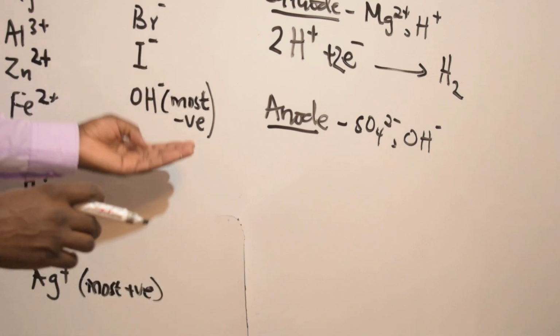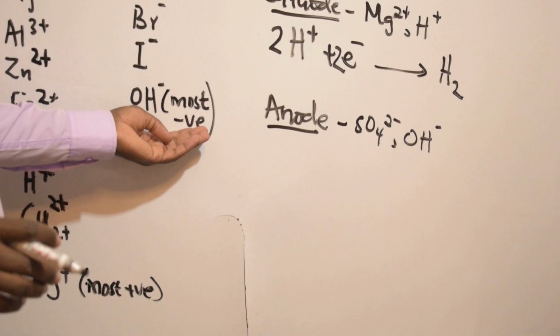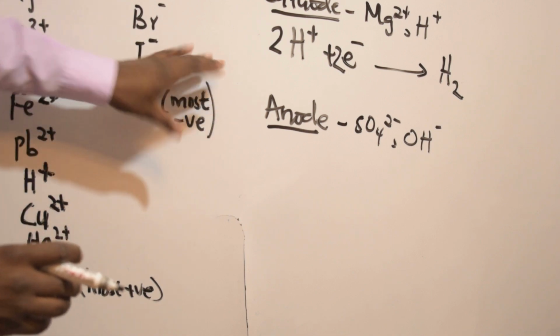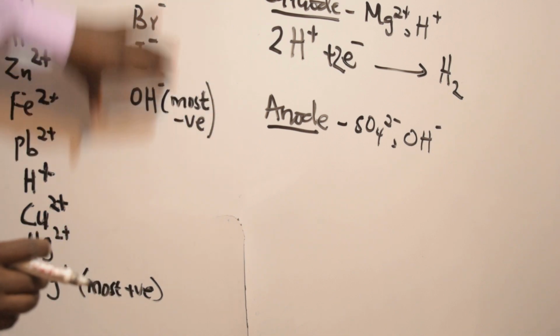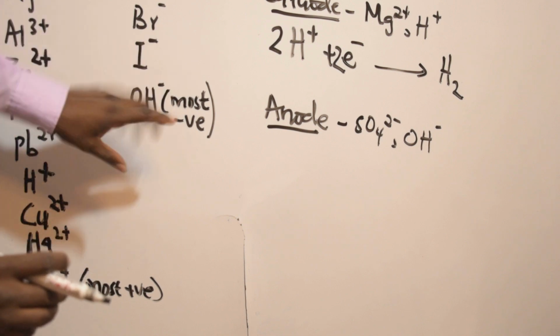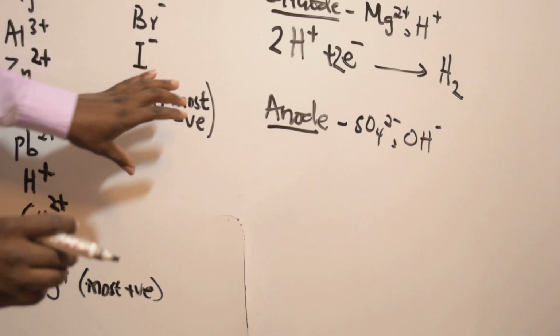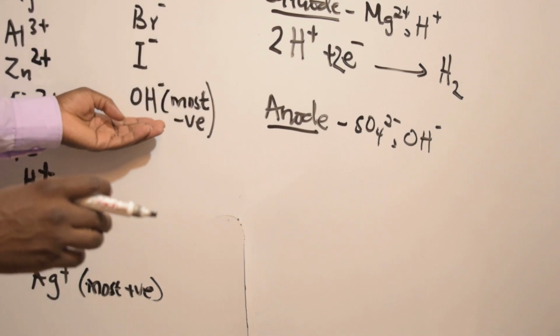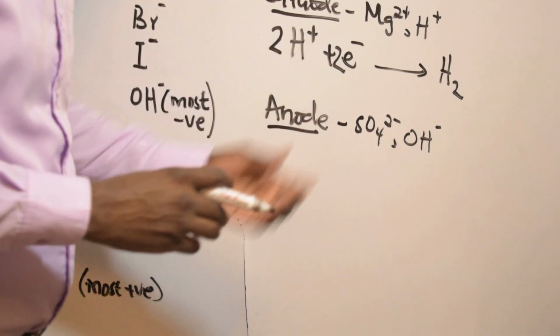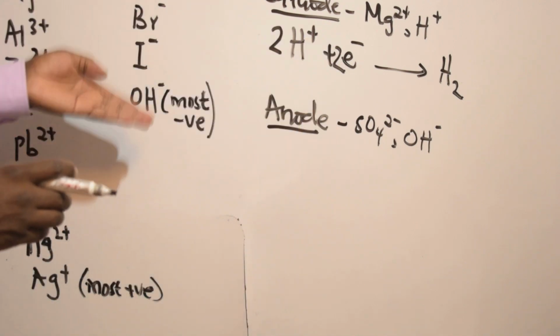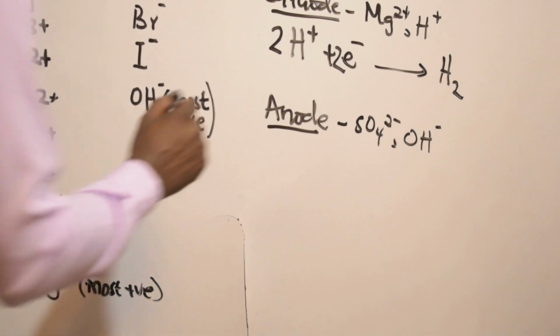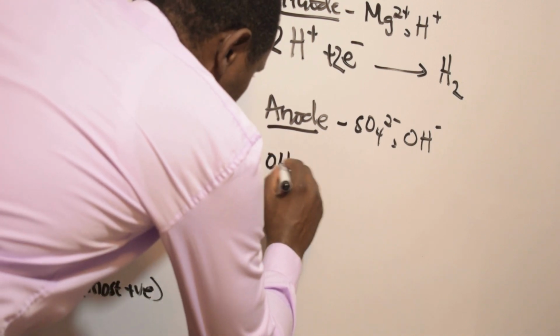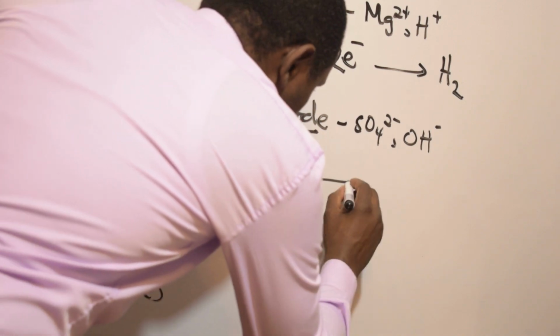The one that loses electrons more readily is the least negative. As far as these anions are concerned, hydroxide ions are the most readily discharged. In other words, hydroxide ions lose electrons more readily compared to these other anions. And therefore, automatically, hydroxide ions will lose electrons here.